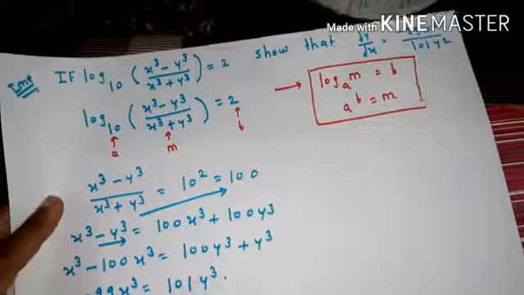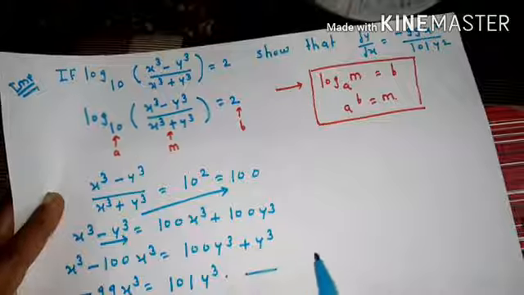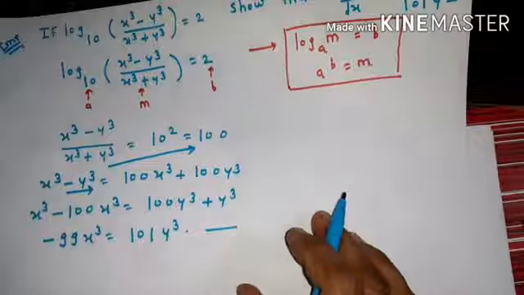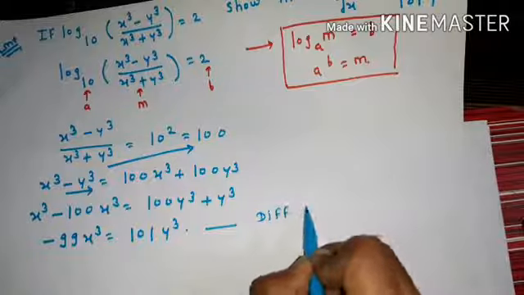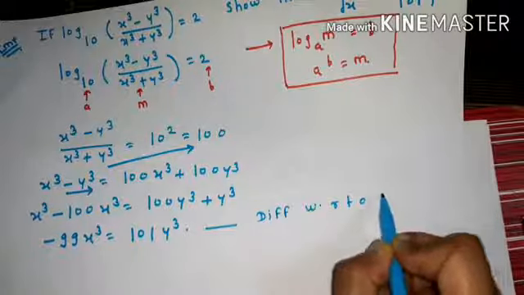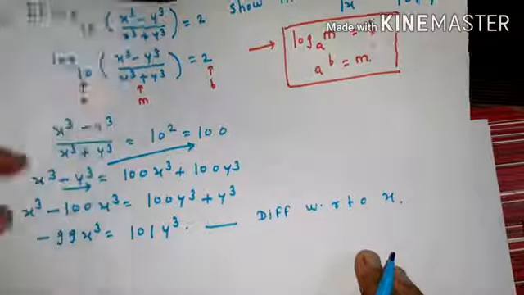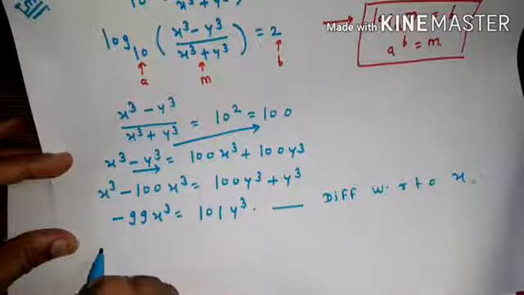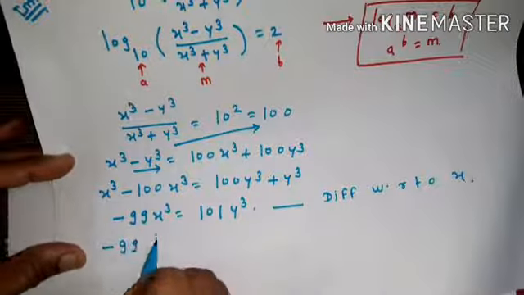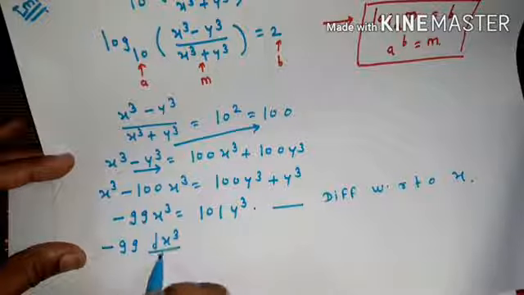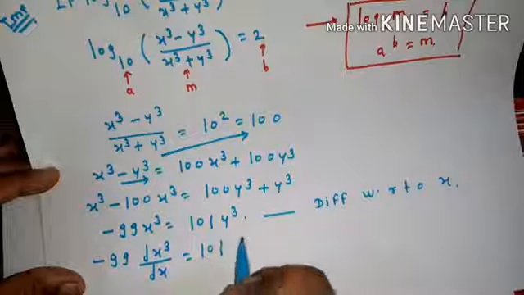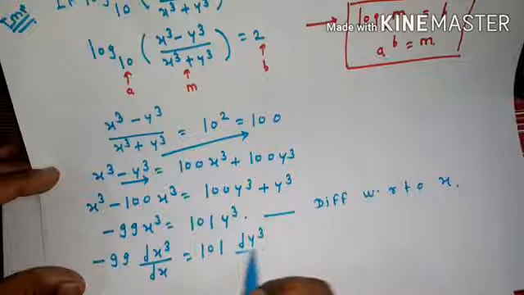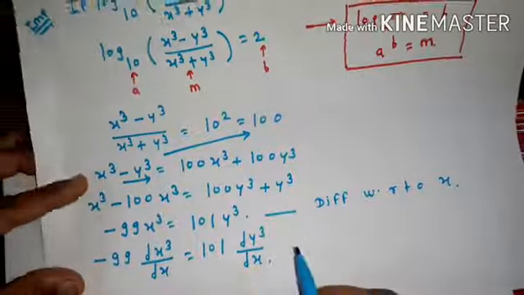And now differentiate. Now this is very simple. Therefore differentiate this with respect to x. Minus 99 is a constant. Differentiation of x raised to 3 with respect to x. Here 101 is constant. Differentiation of y cube with respect to x.